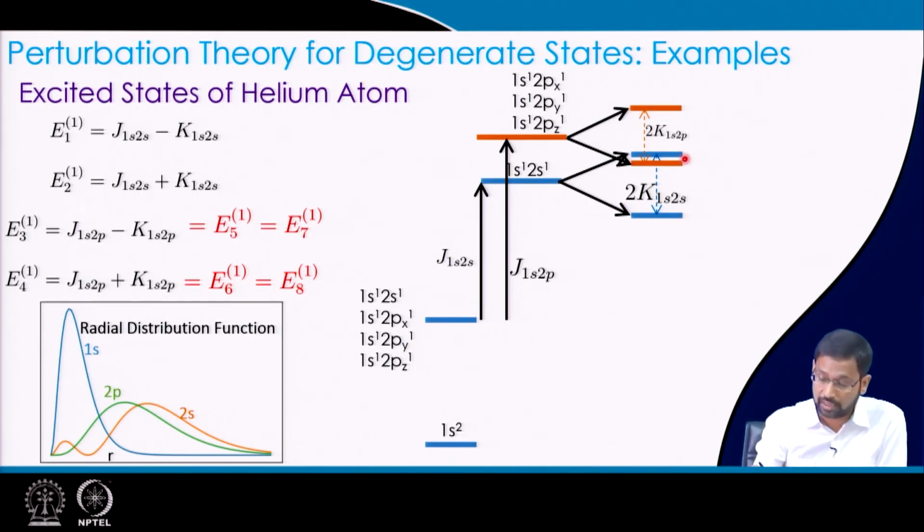What is slightly tricky is to find the relative energy between the upper component of this 1s2s and the lower component of this 1s2p. They are very close to each other. The first order energy correction gives you this kind of picture, where the 1s2p state is lower in energy.